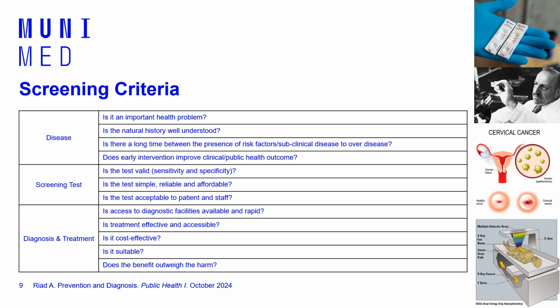Yes or no? Is the natural history of the disease well understood? Do we really know the stages of this disease and how long it usually stays, approximately, in each of these stages? Is there a long time between the presence of risk factors and the overt disease? I mean, is there a long subclinical stage, basically?